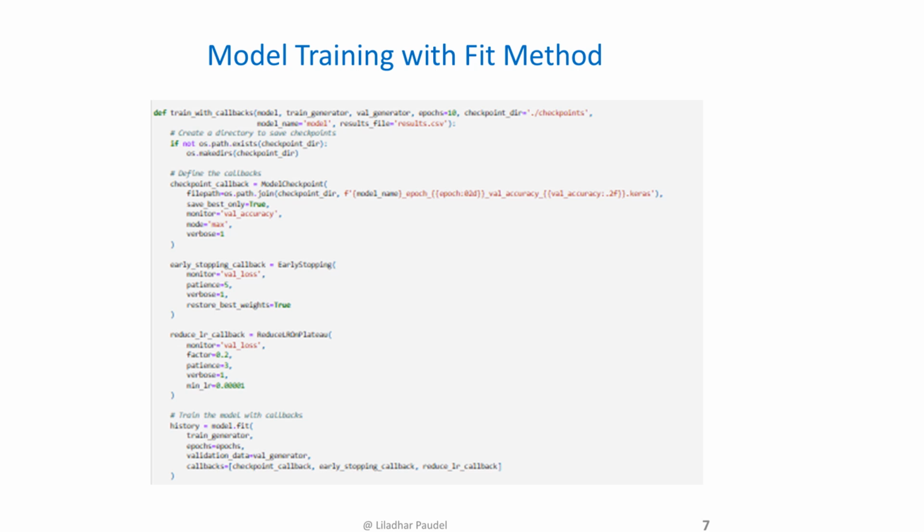In this case, I wrote a method which I called train with callbacks. This method trains the models with train images, and then after training, it uses the test images to test the models and prints out the results in the form of plots and also a confusion matrix as well.